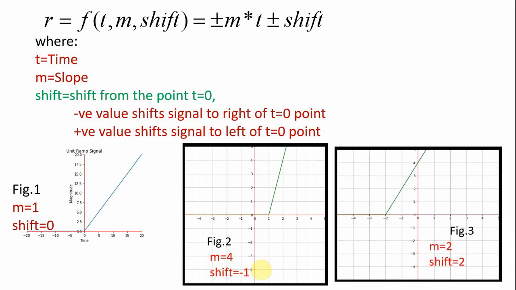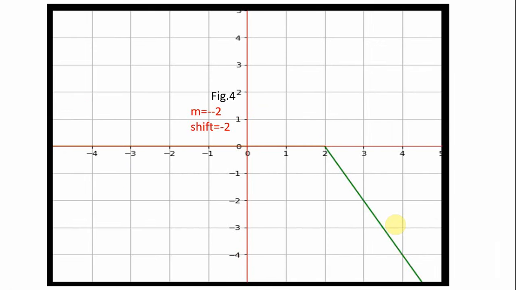In the next figure, slope is 2 but shift is positive, indicating that it is to the left of the t is equal to 0. In figure 4, we see a ramp with slope equal to minus 2 and shift also minus 2.